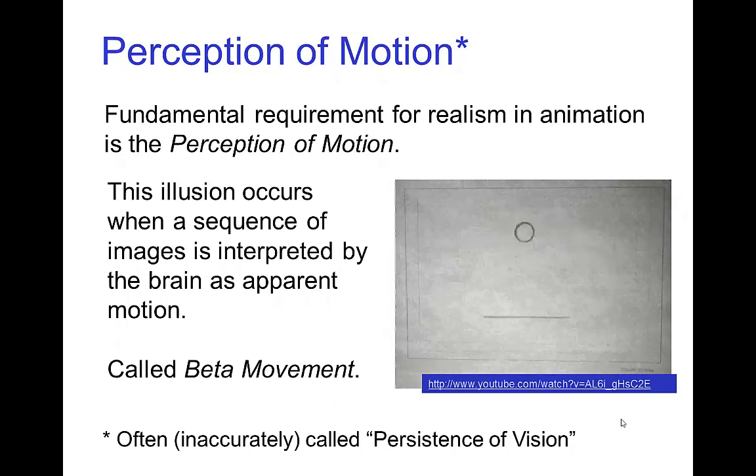This is also called beta movement. Now, sometimes this psychological effect, which is essential for animation to be possible, is called persistence of vision. That persistence of vision is actually a different optical psychological phenomenon.